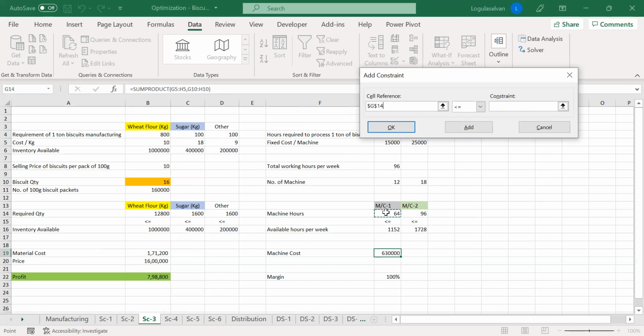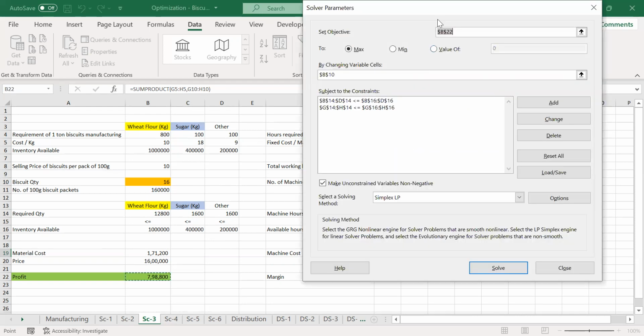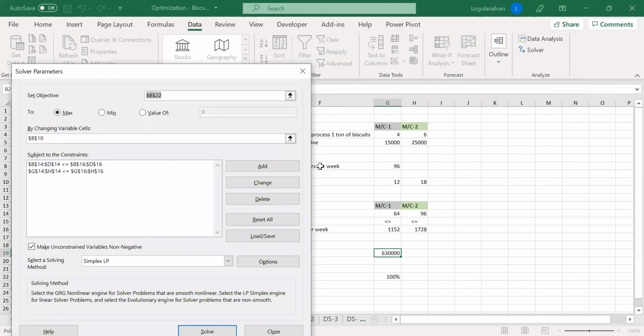Whatever the machine hours used, this value should be less than or equal to the available machine hours. These two are the constraints since the company already has a fixed number of machines. The method also remains the same, simplex LP, and click solve.